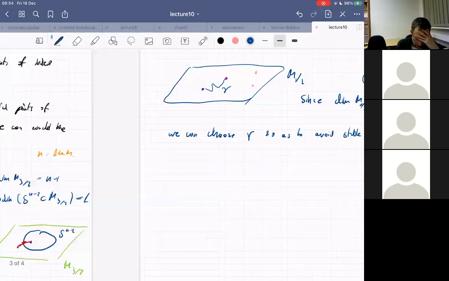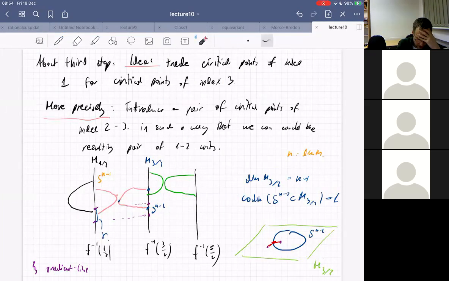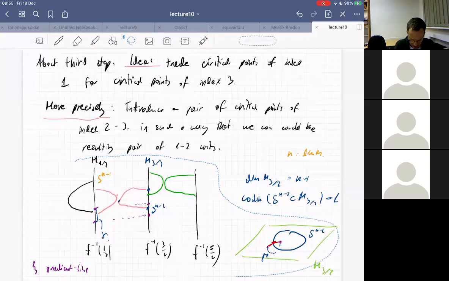Then we come back to that picture, and we flow this gamma back to here. So we have a loop, capital Gamma, which is a circle that intersects our S^{n-1} in precisely one point. This is not the end of the story, and this picture will be important.